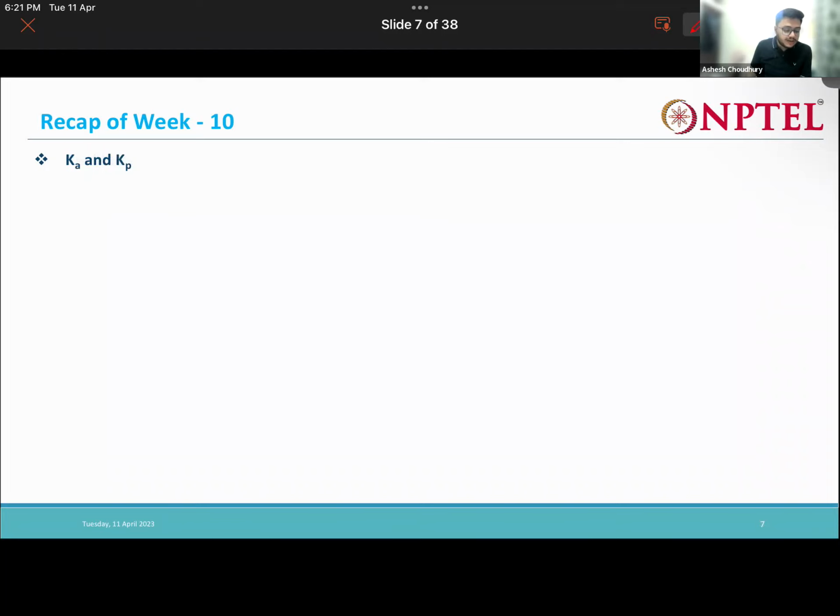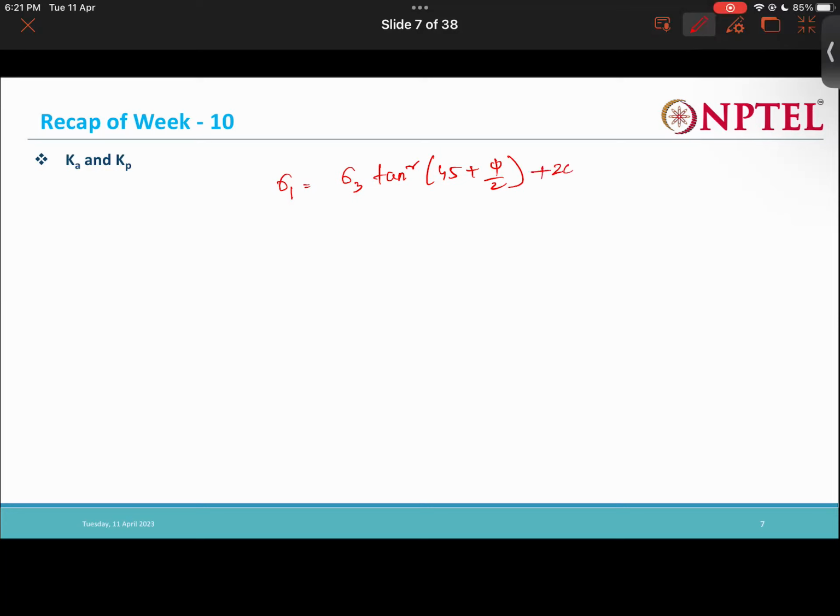Now, how to get my Ka and Kp values? From the Mohr circle. You know the equation of the Mohr circle, which is sigma 1 is equal to sigma 3 tan square 45 plus phi by 2, plus 2c tan 45 plus phi by 2.